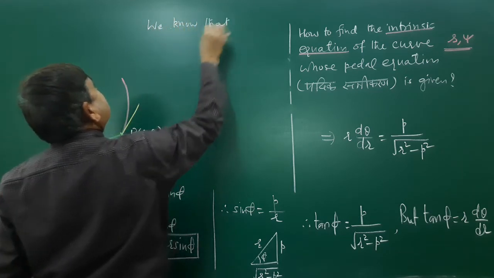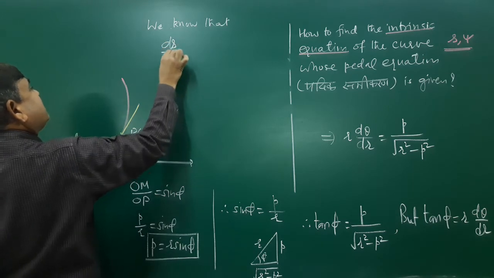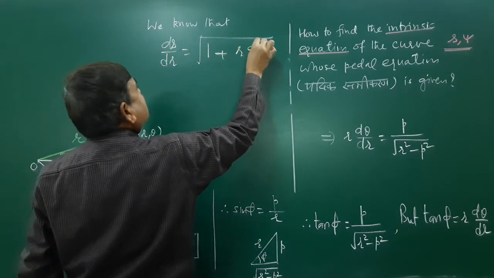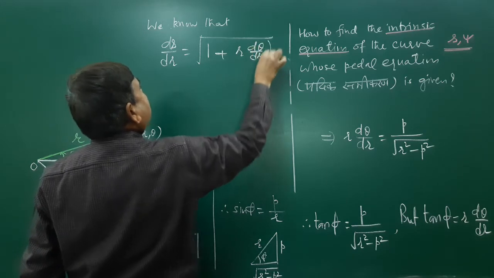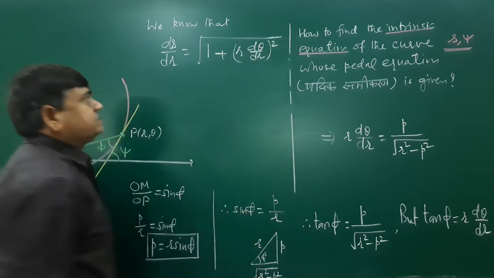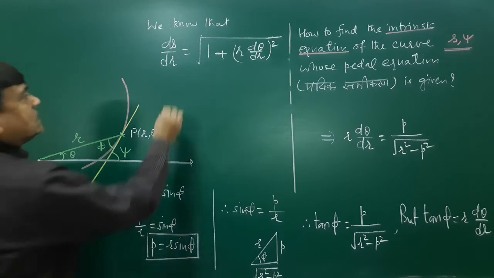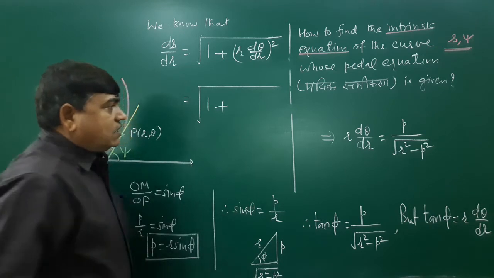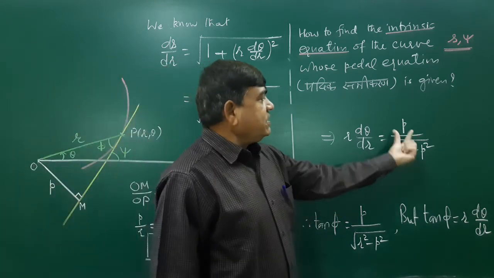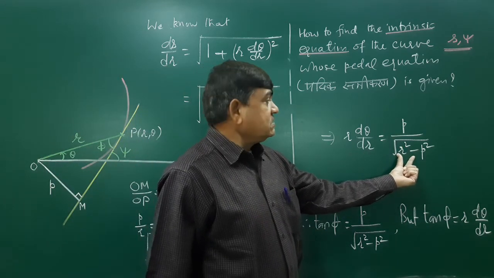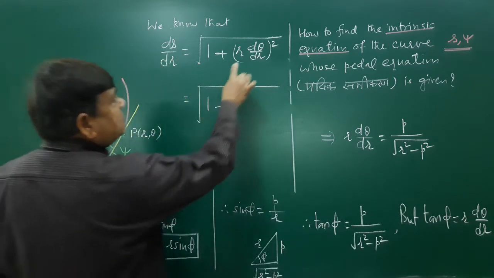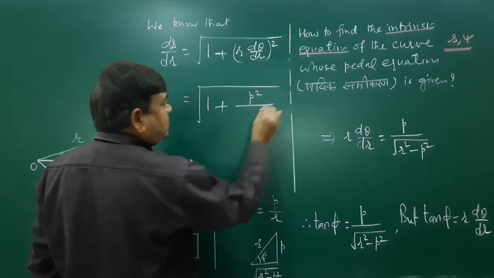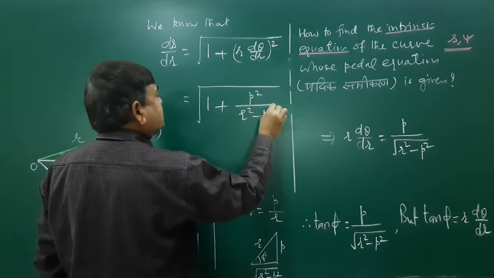And we know that from the calculus, ds by dr equals under root of 1 plus r d theta by dr whole square. So under root of 1 plus, now r d theta by dr is p upon under root r square minus p square, whole square of this. So it is p square upon r square minus p square.